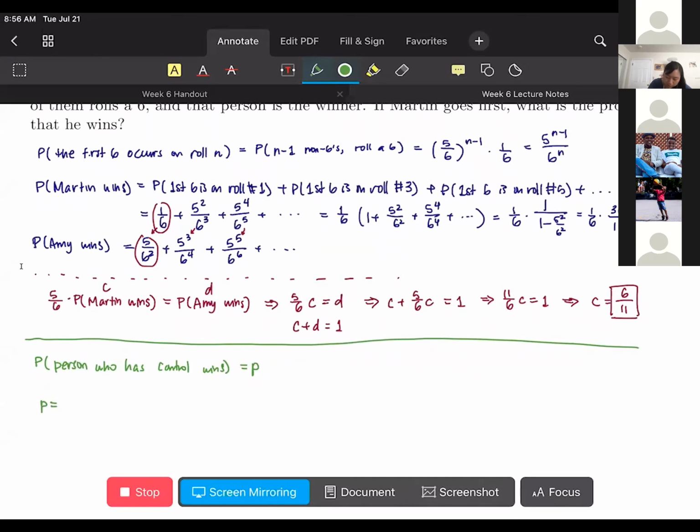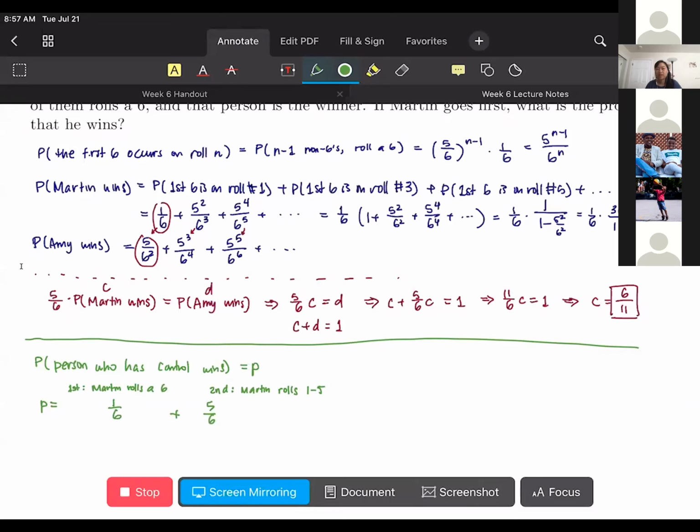So the probability that Martin wins equals, we basically want to consider two cases. The first is Martin rolls a 6, and the second case is he does not roll a 6. If Martin rolls a 6, he has a 1/6 chance of doing that, and then he'll win. If he doesn't roll a 6, then he has a 5/6 chance of that, and then he passes control to Amy.